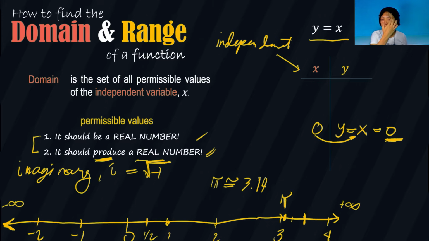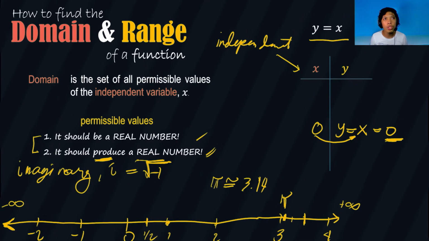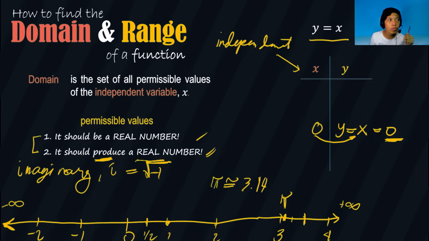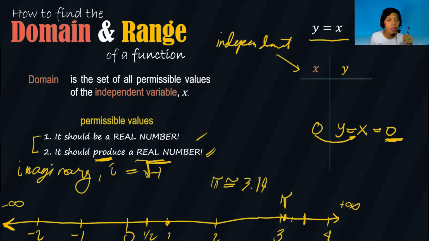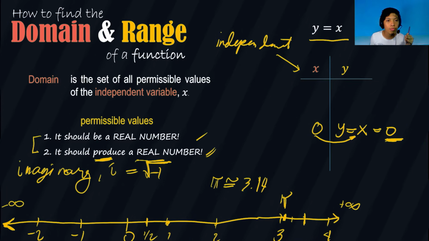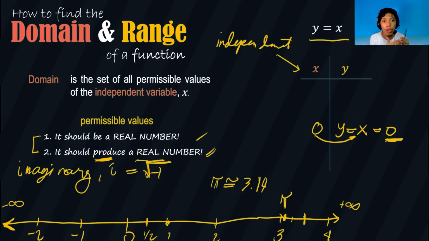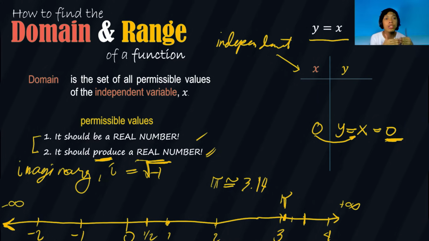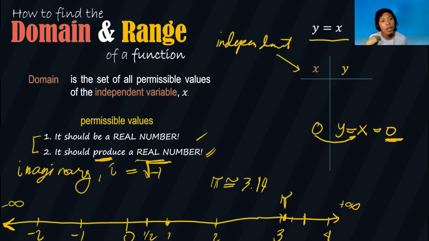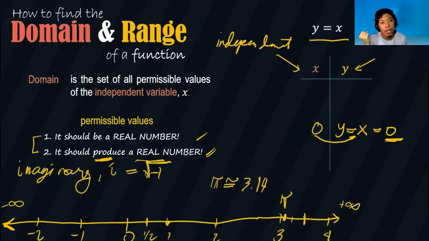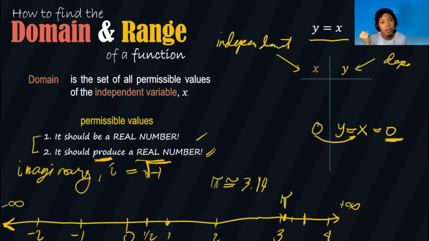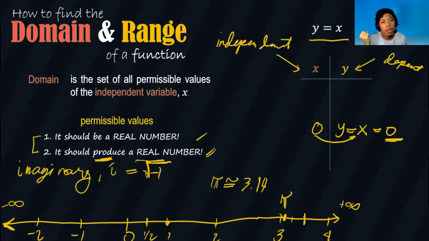It's because the values of x do not depend on anything. You can put any values of x as long as it is a permissible value. That's why it's independent. However, your value of y depends.